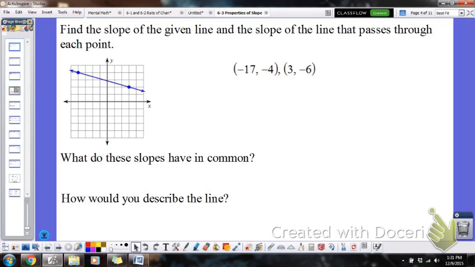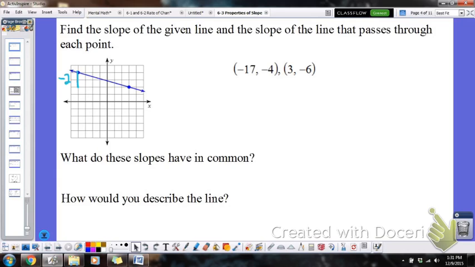Now we need to find the slope of the given line, and the slope of the line that passes through each point. So let's go ahead and do that. To find the slope of this line, I need to find my rise over my run. So let's take a look at my first point. I need to find out how far I have to go vertically to get to my second point. So I have to go down 2, which is negative 2.